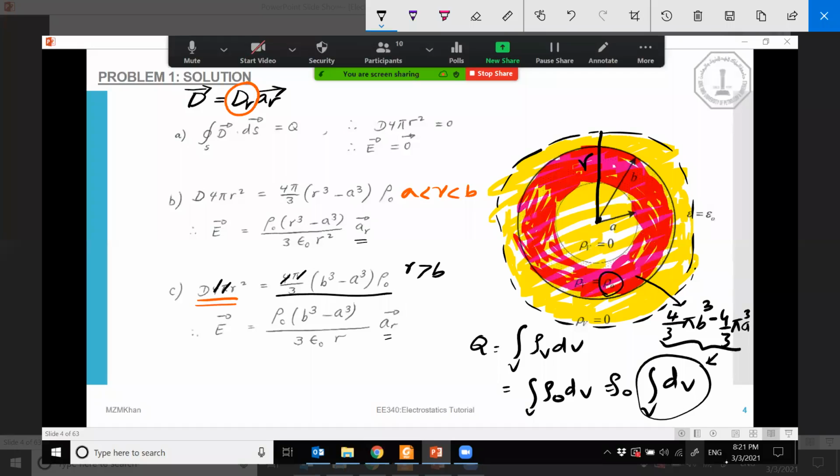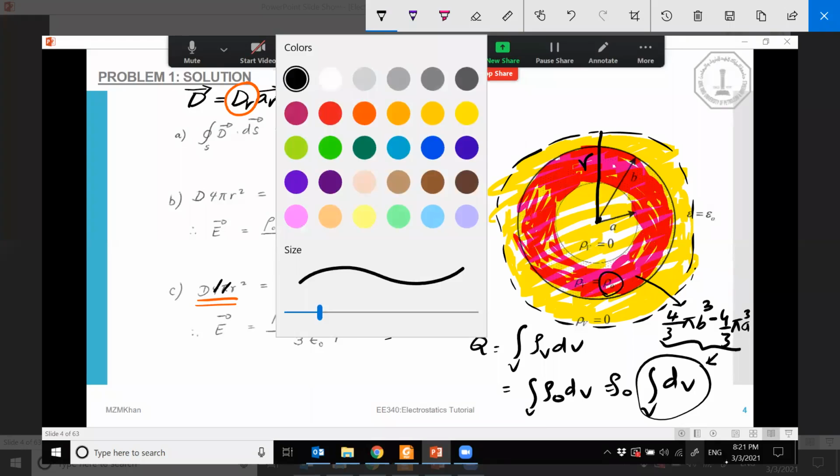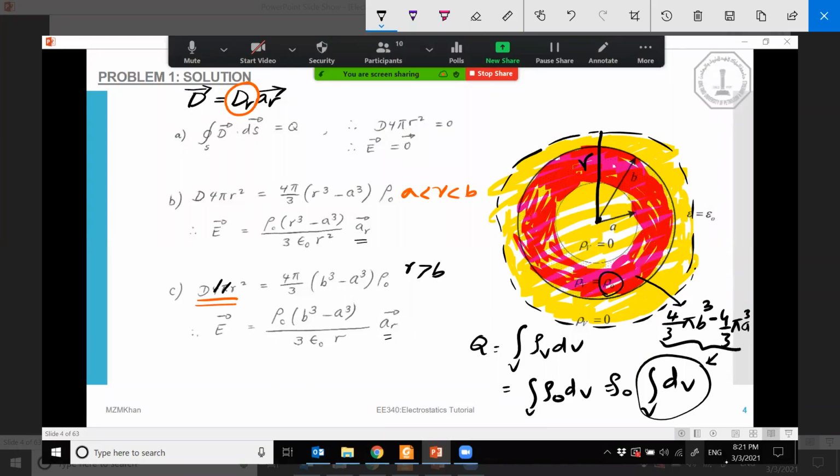Sorry, there is a typo here. It is 4 by 3 pi, B cubed minus A cubed, times rho 0, over epsilon. So it should be R squared here. So 4 cancels, pi cancels, and D will be B cubed minus A cubed times rho 0 over 3 epsilon R squared, and then A_R. Okay. Done?